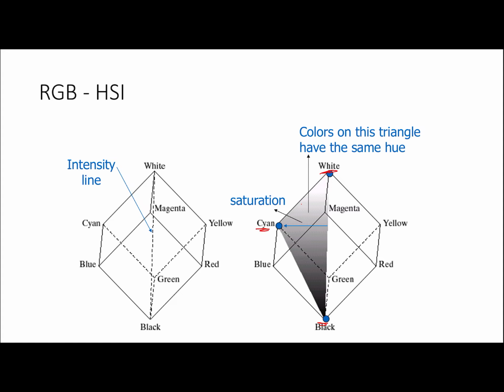From our earlier discussion on the chromaticity diagram, we know that the color component of any point in this plane, the plane defined by these 3 points, white, black and cyan, can be specified by the linear combination of these 3 points. This we have discussed in the chromaticity diagram also.